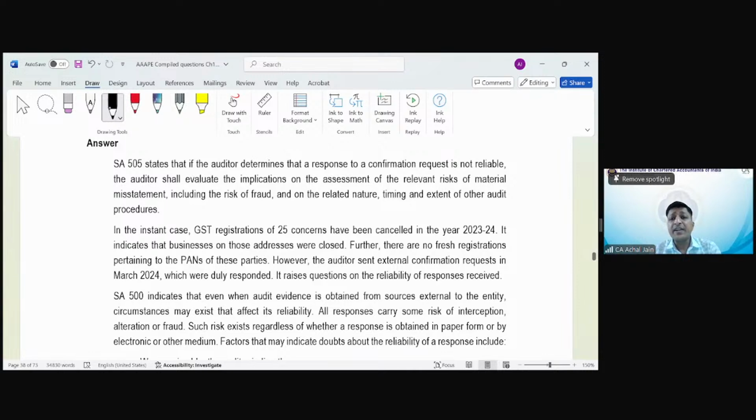If the auditor determines that a response to a confirmation request is not reliable, the auditor shall evaluate the implications on the assessment of the relevant risk of material misstatement, including the risk of fraud, which seems to be there in the given case.